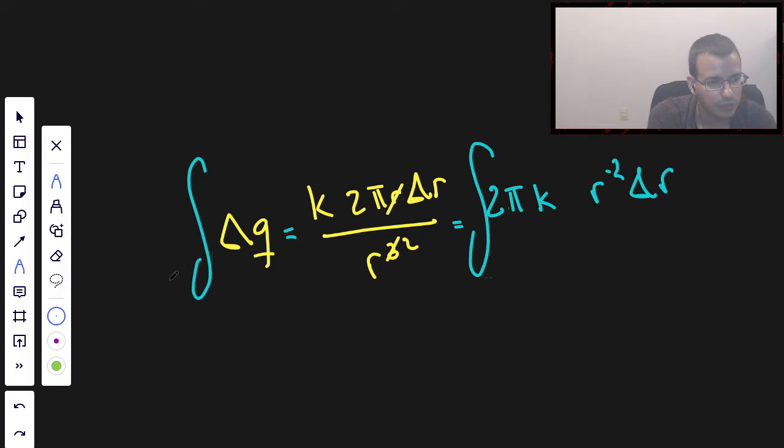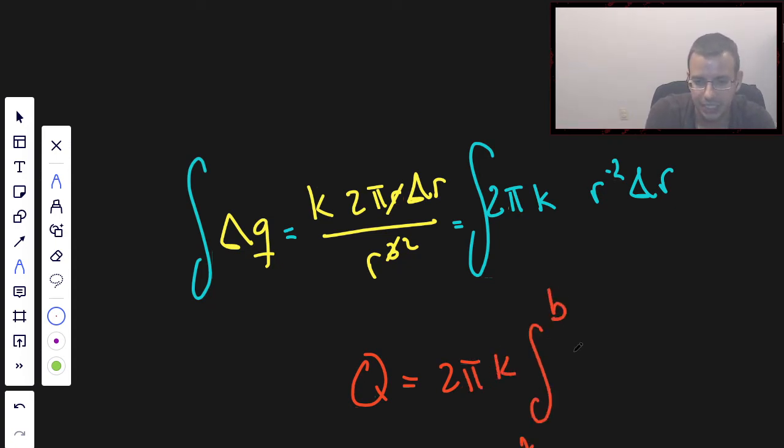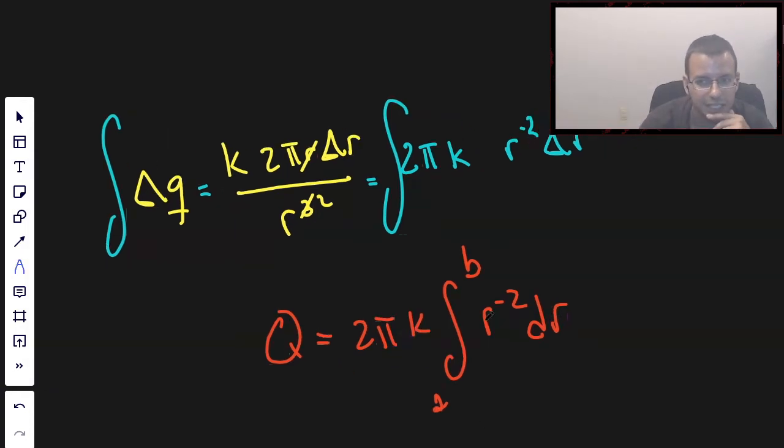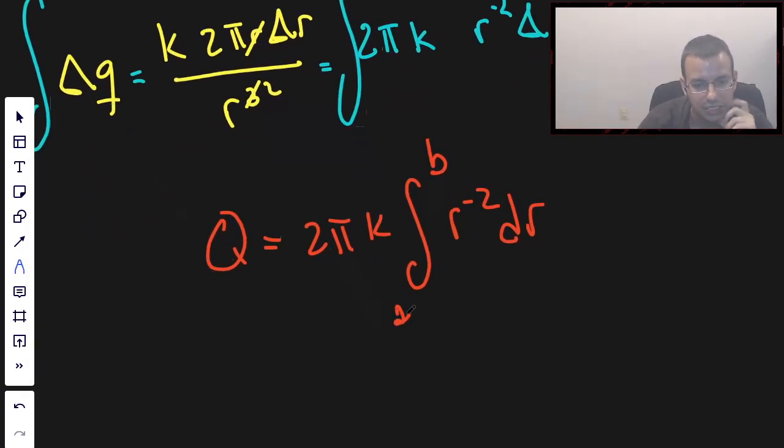Black wouldn't work very well. We're going to do orange. Big Q equals 2 pi K integral A to B of R to the negative second dr. And I just converted the delta R to dr, going from very small difference in radius to an infinitesimally small radius.